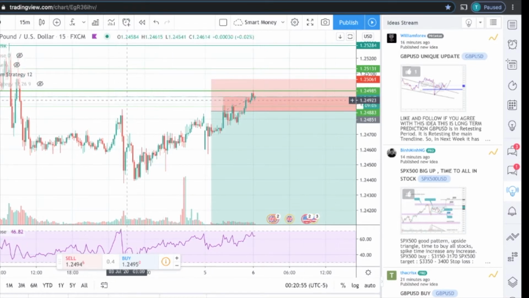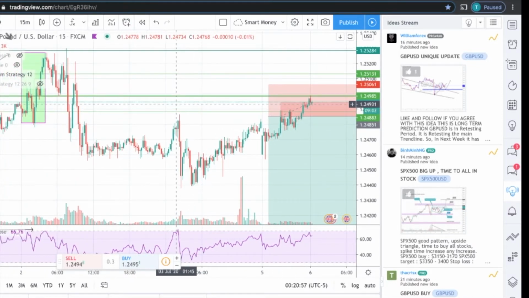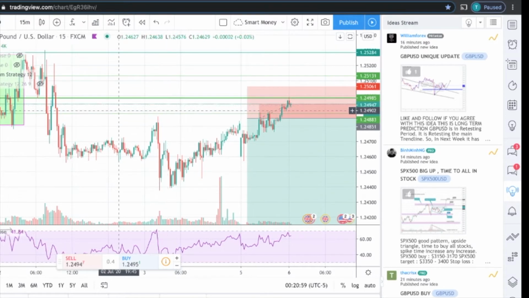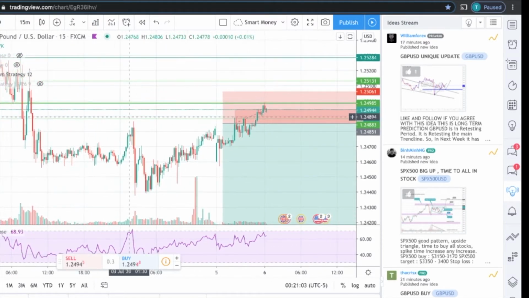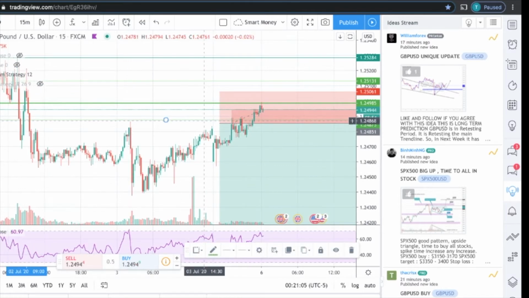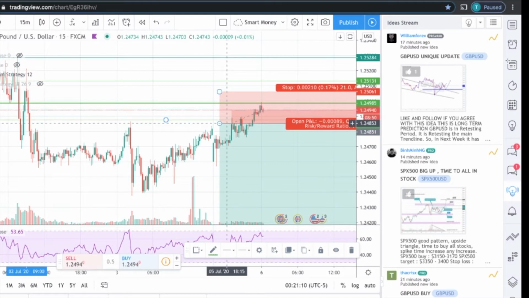So if I would have zoomed in on a closer chart, a 15-minute chart like I am right now, I could have had a way better entry.